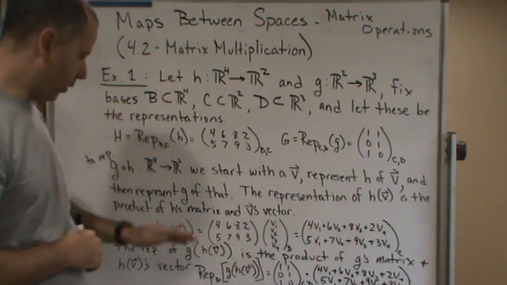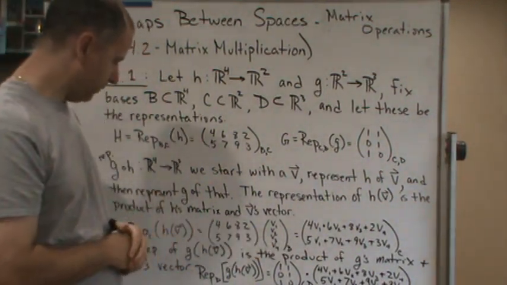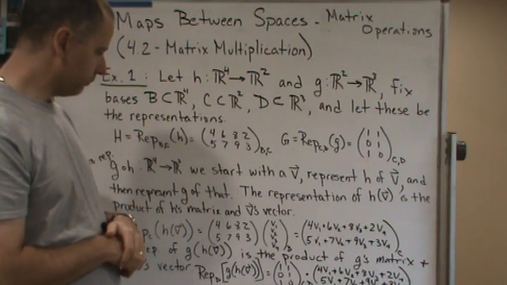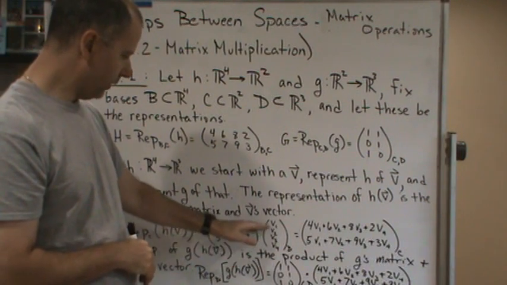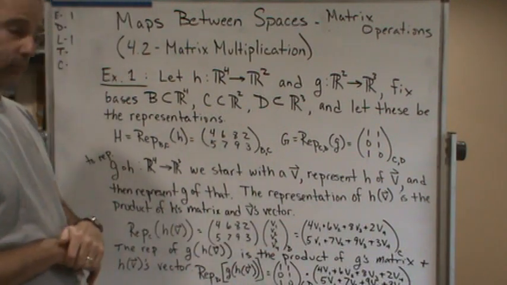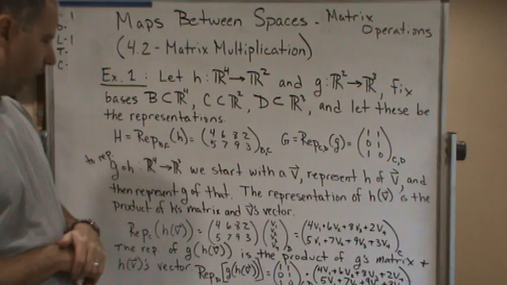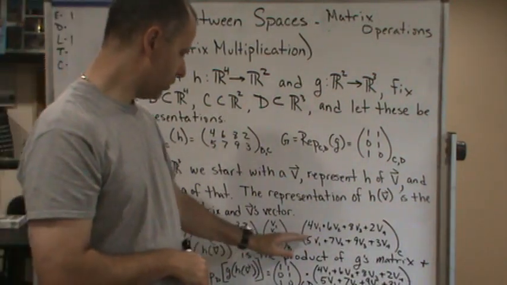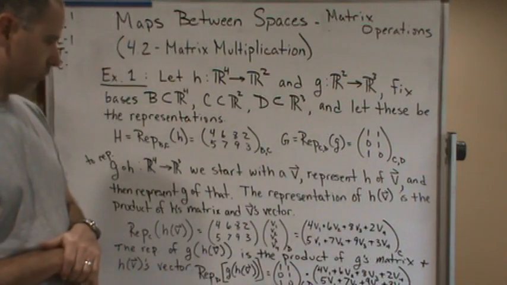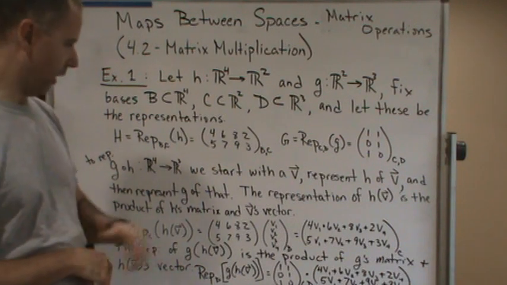Okay? And notice that the dimensions match here. This is a 2 by 4. This is a 4 by 1. Okay? And we end up with a what? Look at that. We end up with a 2 by 2. Or excuse me, I'm sorry. Not 2 by 2.